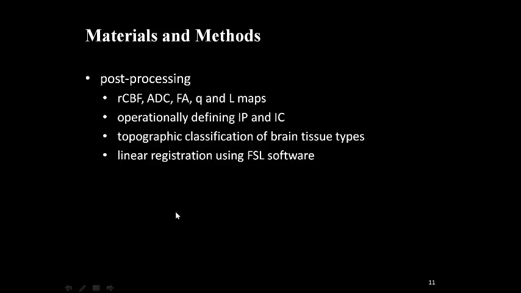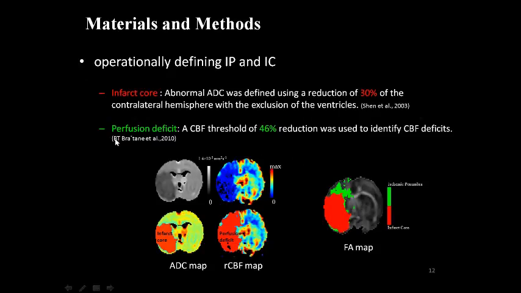Data analysis includes calculation of functional maps, delineating IP and IC within the PWI-DWI mismatch concept, tissue segmentation, and linear registration using FSL software. Abnormal ADC was defined using a reduction of 30% of the contralateral hemisphere with the exclusion of the ventricles. A lower CBF threshold of 46% reduction was used in this study to identify CBF deficit.